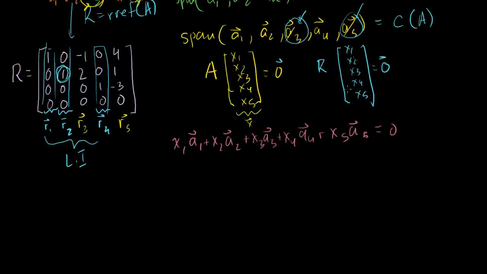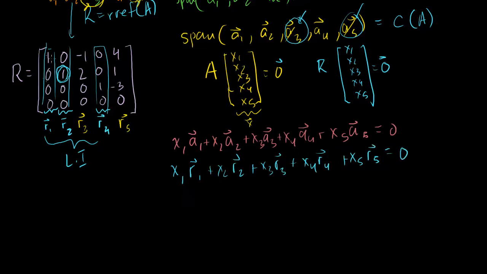Similarly, I can rewrite this equation as the vector r1 times x1, or x1 times r1, plus x2 times r2, plus x3 times r3, plus x4 times r4, plus x5 times r5 is equal to 0.